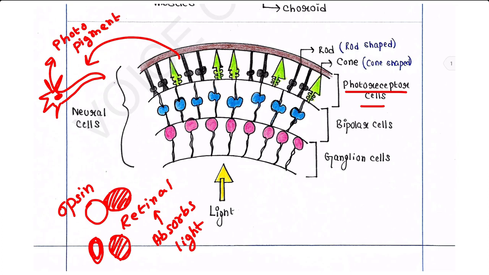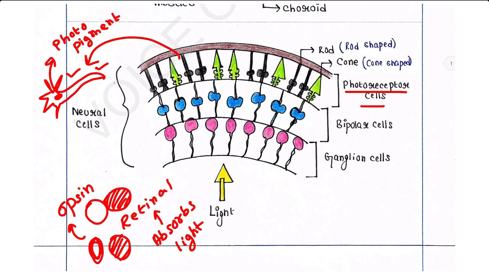And now it is dissociated from opsin when it absorbs light, and that results in bleaching of pigments, and it changes the structure of the opsin. This causes membrane permeability changes in these neurons.